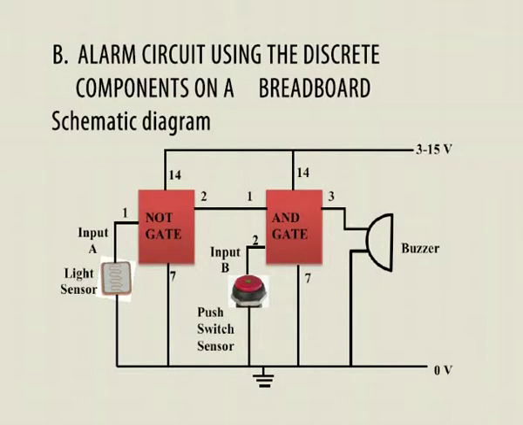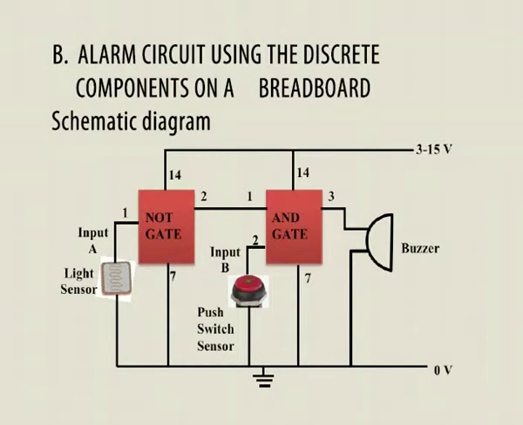And so what we will do is fix these two gates across the bridge on the breadboard as we usually do. Having the light sensor, we are going to connect one terminal of the light sensor to pin 1 of the NOT gate, and we ground the second terminal of the light sensor.